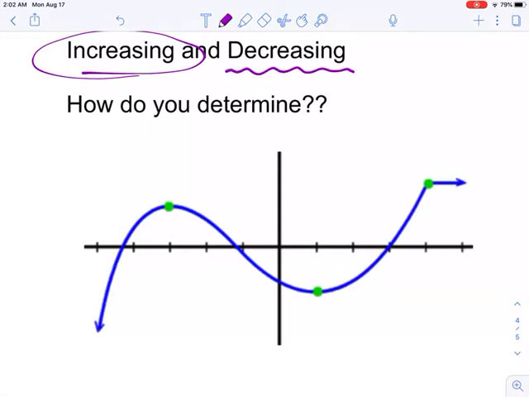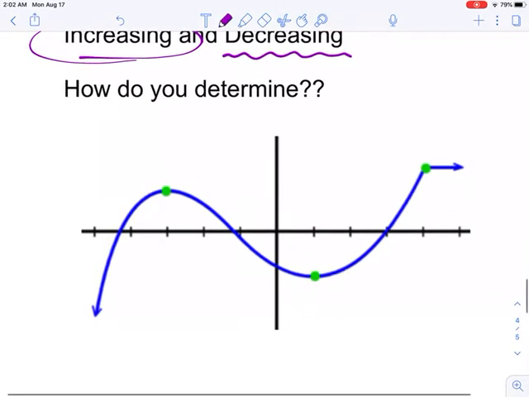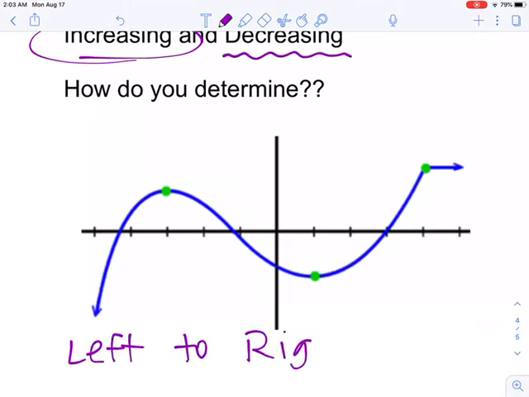Okay. So when you look at a graph, we always need to read it from left to right, just like we read normal words, right? And anytime I ask you for intervals of increasing or decreasing, I'm asking you for the pieces of the domain.